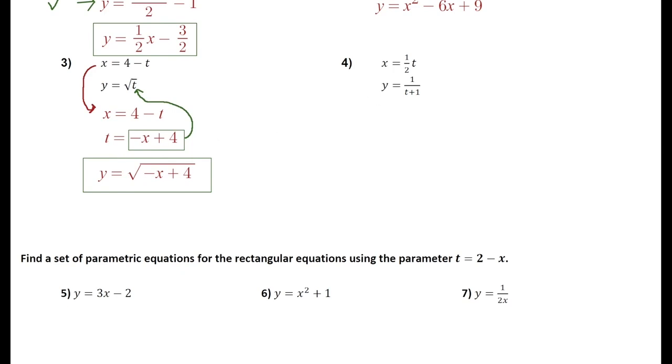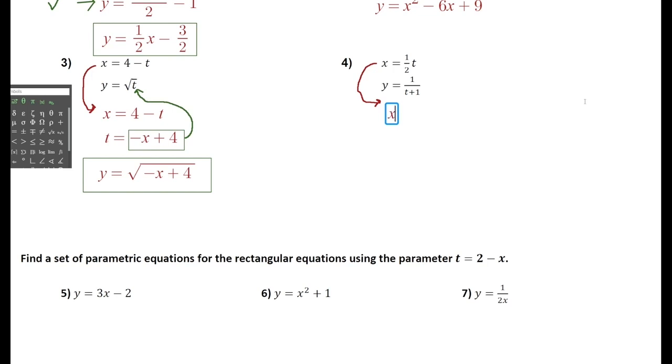Number 4, we are going to start it out just like the other ones. Solve for t in terms of x. So I'm going to start the same way I did with the other ones, just with the equation itself, and then from here you can see you would need to multiply both sides by 2 to isolate t, and we would get t equals 2x.